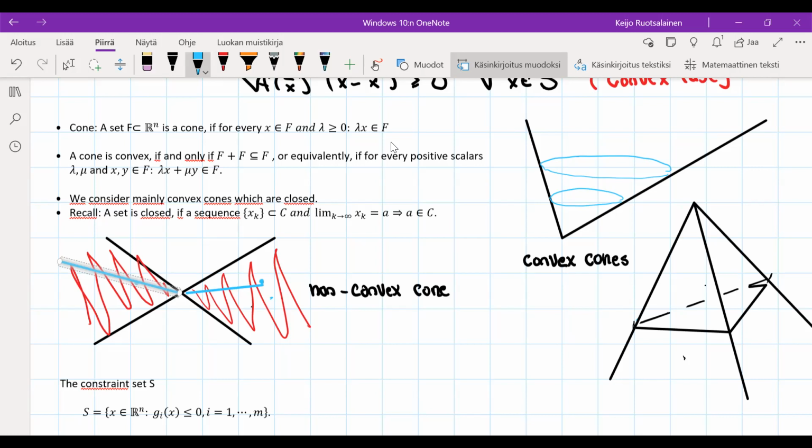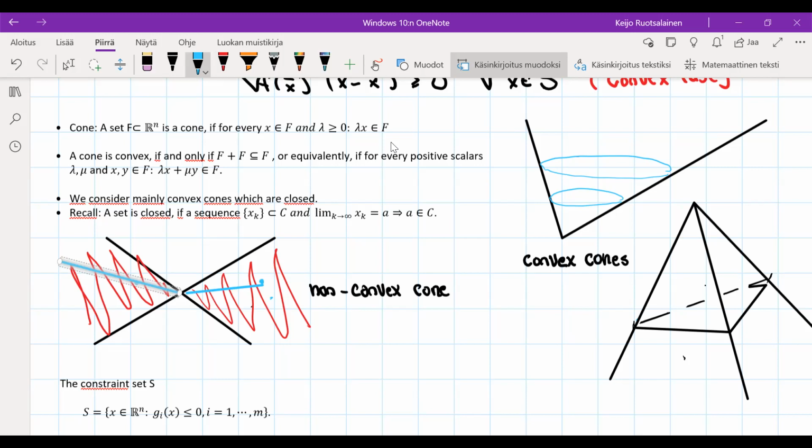So if I take here any 2 points and make the vector addition, then they belong to the same set.